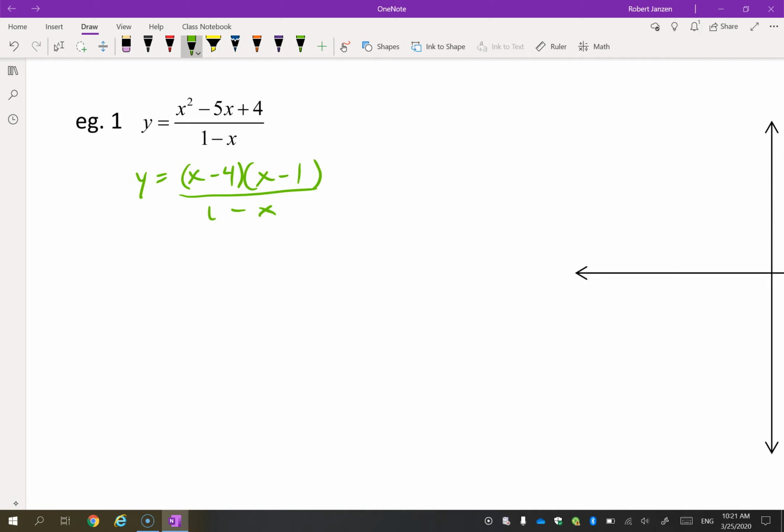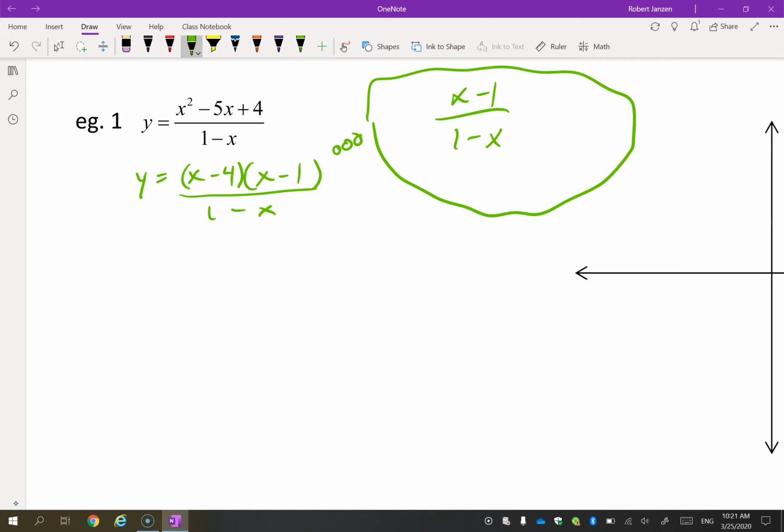Okay, if you take a look at this, let's take a little aside here for a second. Do you remember what happens when you have x minus 1 divided by 1 minus x? Those are actually the same. Take a look at this.